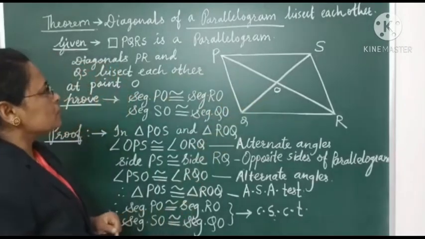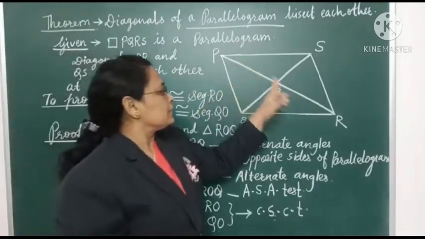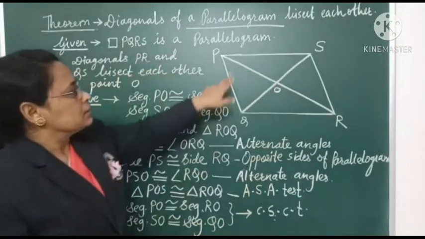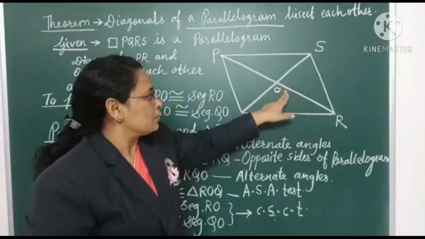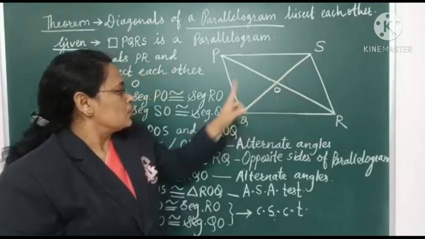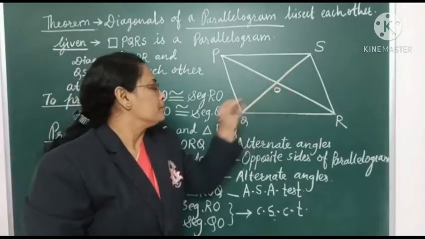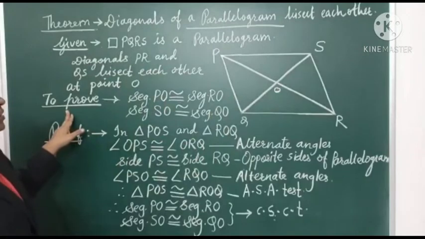Now here we have to prove that the diagonals bisect each other. It means segment PO is congruent to RO, and segment SO is congruent to QO. So that we will write here as what is to prove.